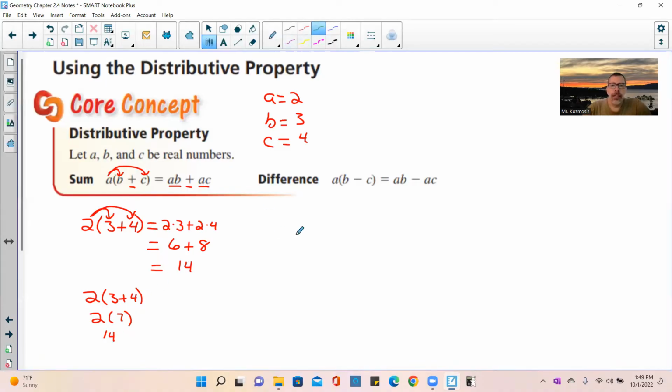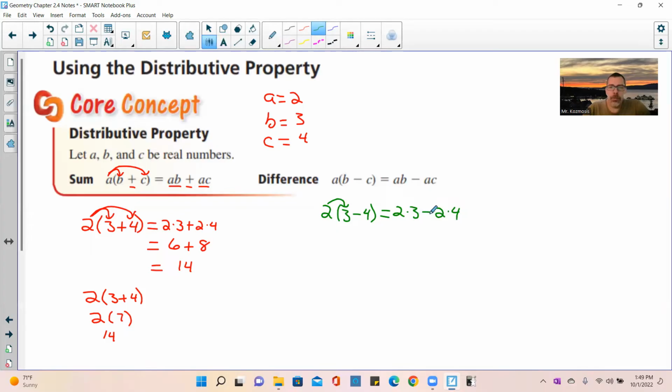Okay, so now let's look at the difference. Well, we have A, which is 2, and we have B, which is 3, and we have C, which is 4. That should equal 2, which is my A, times my B, which is 3, minus A times C. So what we're doing here is we're distributing 2 times 3 right here.